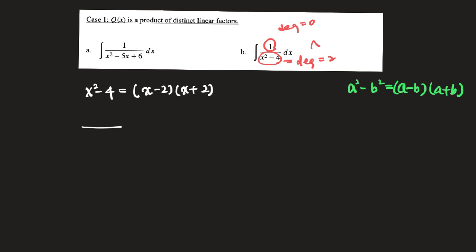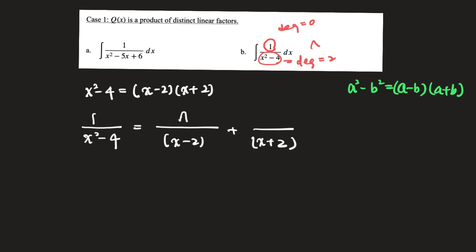So 1 over x squared minus 4 splits into A over (x minus 2) plus B over (x plus 2). The degree of each denominator is 1, so the degree of the numerator is always less than 1; it's going to be a constant, A here and B here.